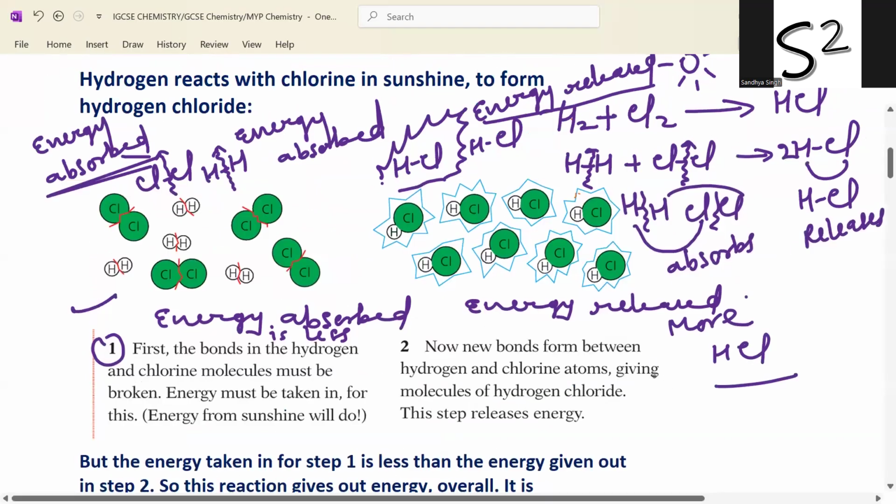Why do I say that this reaction is exothermic? Because energy released is more than the energy absorbed.